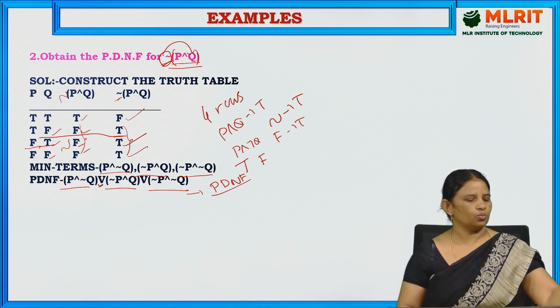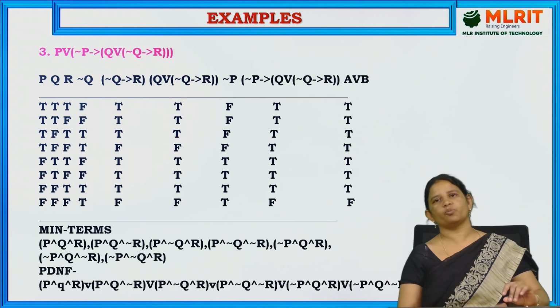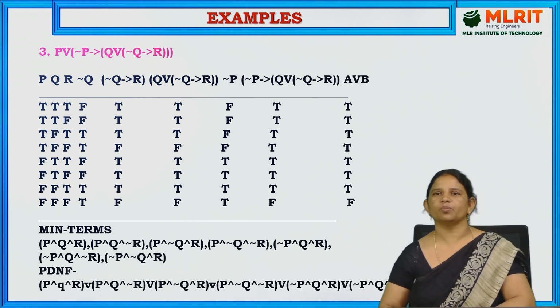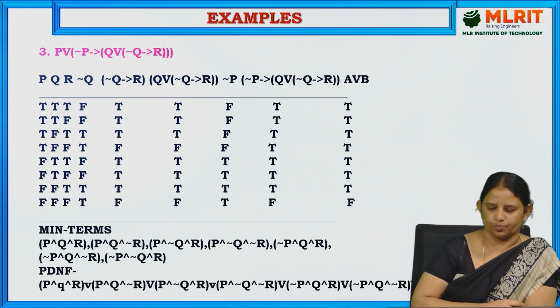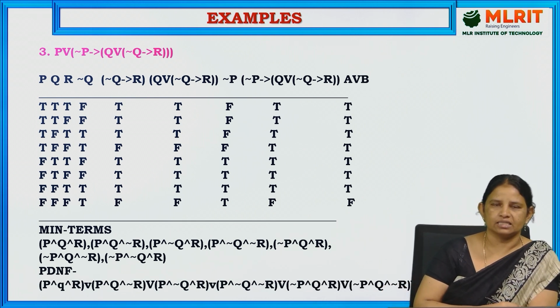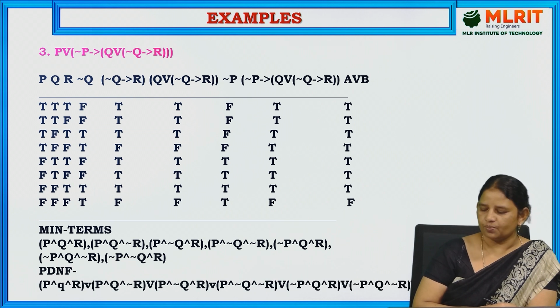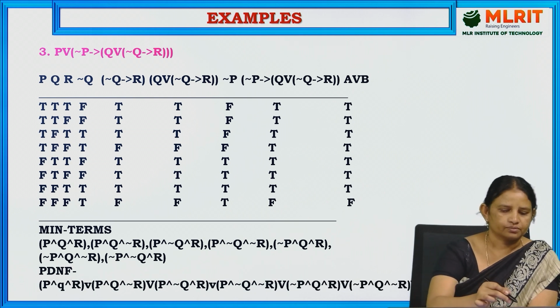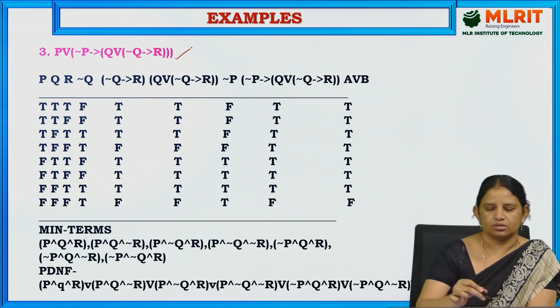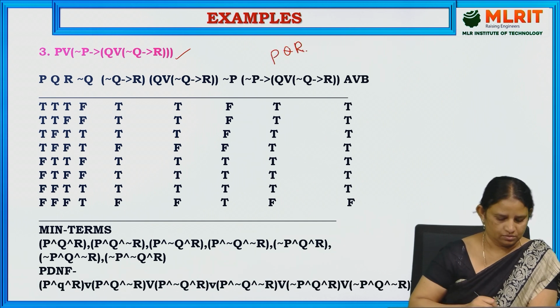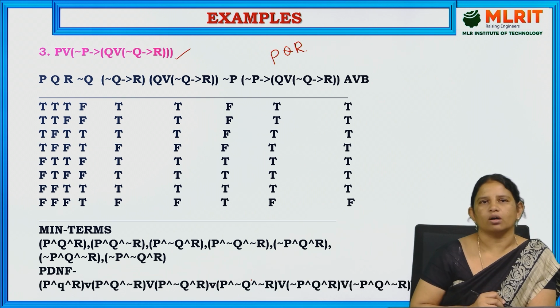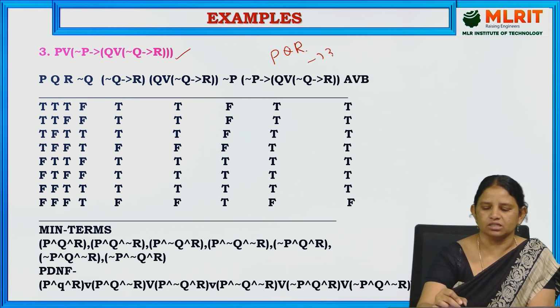Let us consider one more example for clear understanding of PDNF, by considering three propositions. The third example consists of three variables P, Q, R. If there are three propositions, then the truth table consists of 2 power 3, that means 8 rows.